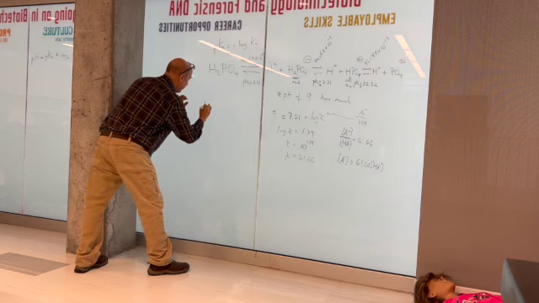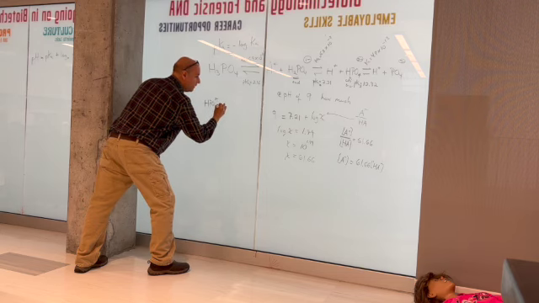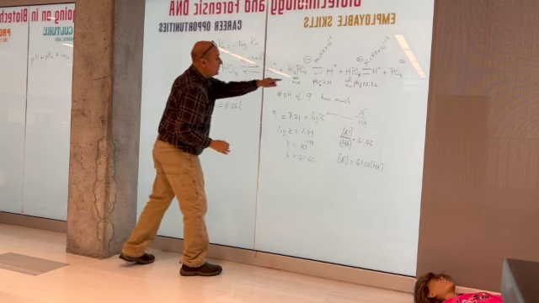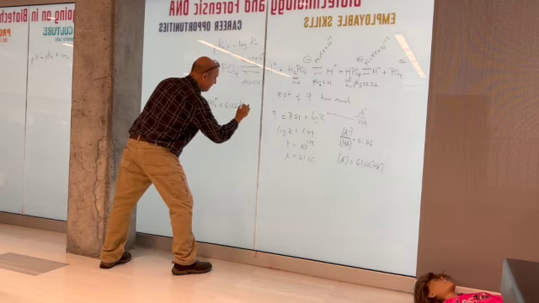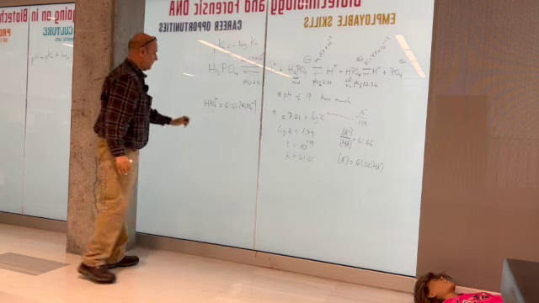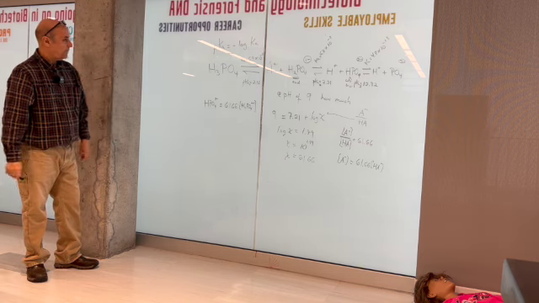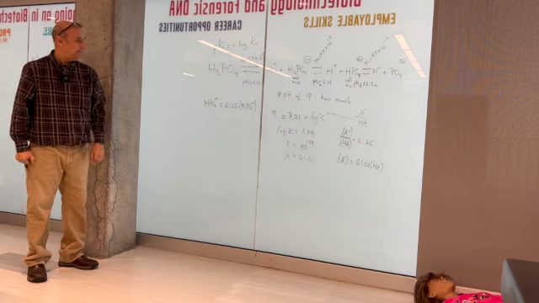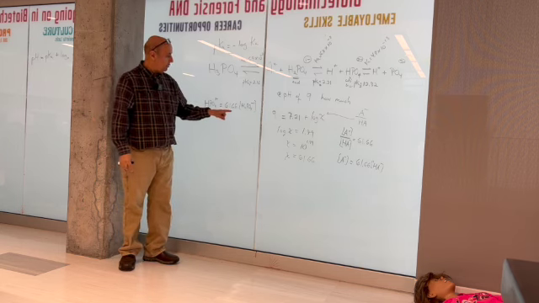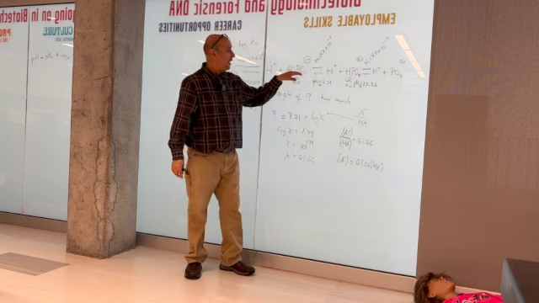I'm going to say HPO4 2 minus equals 61.66 times the concentration of this one. So what is that telling me? That I have, in proportions, 61.66 times more of this than of that at pH 9.